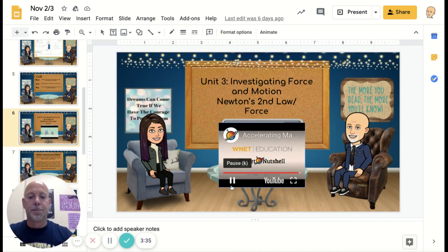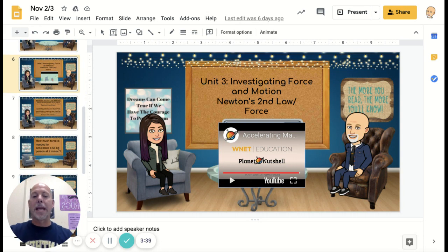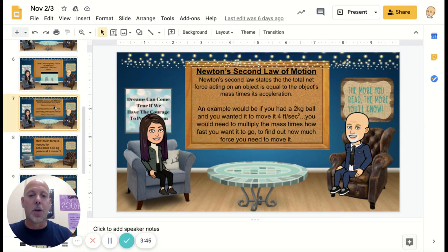All right. So there is your quick introduction to Newton's second law via some cute little rhinos. Newton's second law of motion states that the total net force acting on an object is equal to the object's mass times its acceleration. So F equals ma. An example would be if you had a 2 kilogram ball and you wanted to accelerate it at 4 meters per second squared.